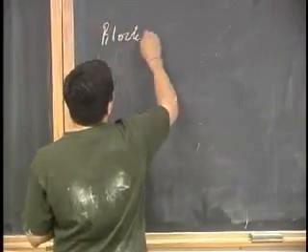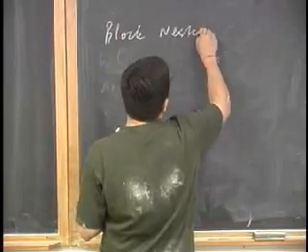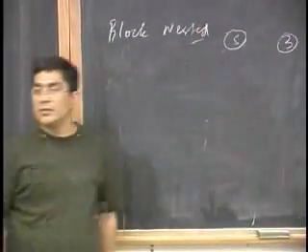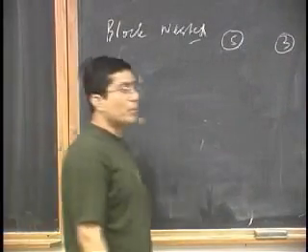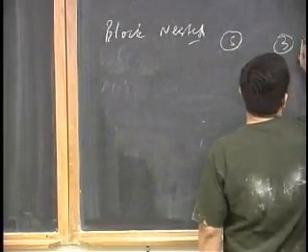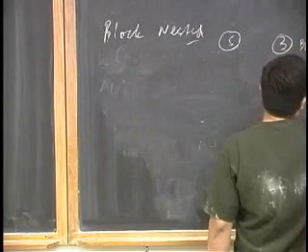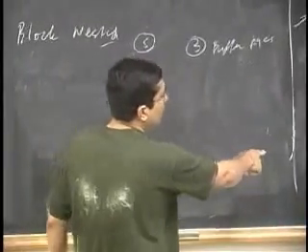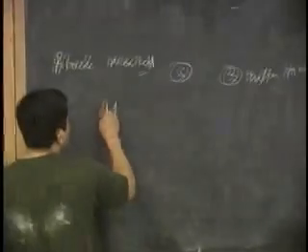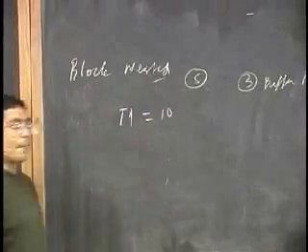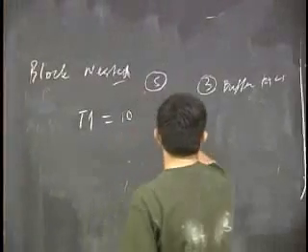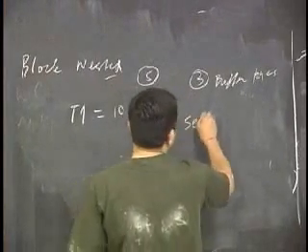So for block nested loop, out of 5 buffer pages we are left with 3, because 2 we have to reserve for input and output. So we have 3 buffer pages effectively. And because T1 is equal to 10, we will be able to cover it in 4 sets of 3.